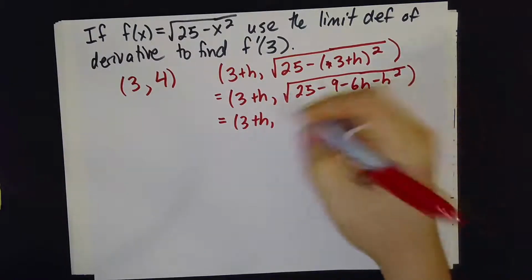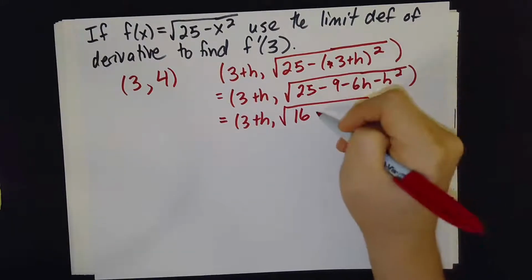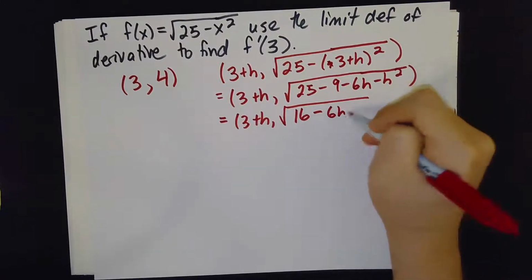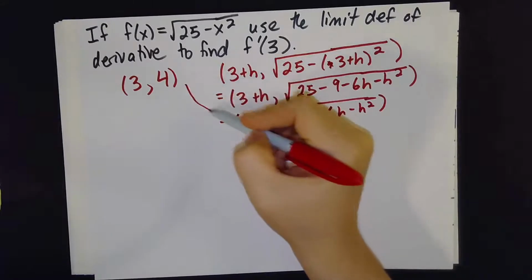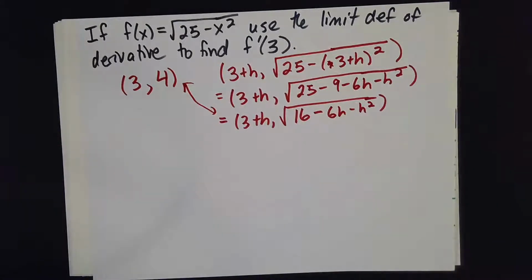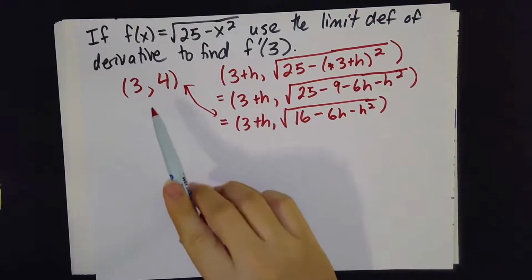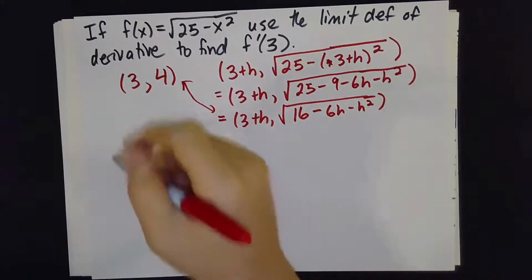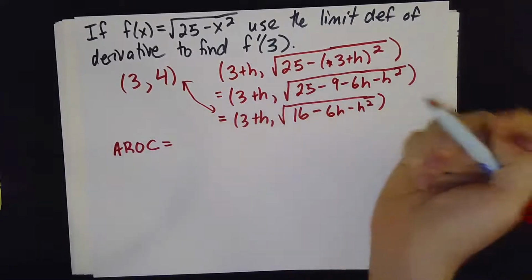So this will be 3 plus h, comma, square root of 16 minus 6h minus h squared. Okay, so these are my 2 points. Again, this second point is just the first point bumped the tiniest bit to the right.